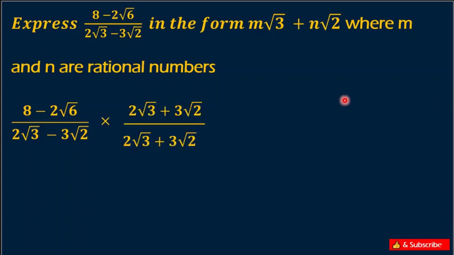Okay. When we do that, this is what we get. We have 8 minus 2 root 6 times 2 root 3 plus 3 root 2. Then we have 2 root 3 minus 3 root 2 times 2 root 3 plus 3 root 2. And so here 8 will multiply each of these expressions. 2 root 6 would multiply each of these expressions.